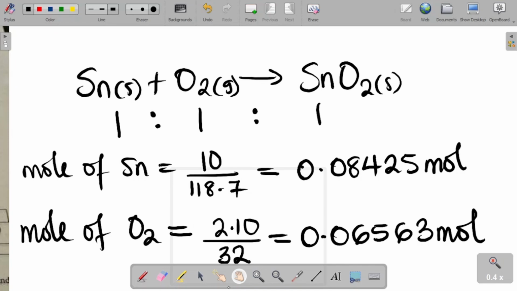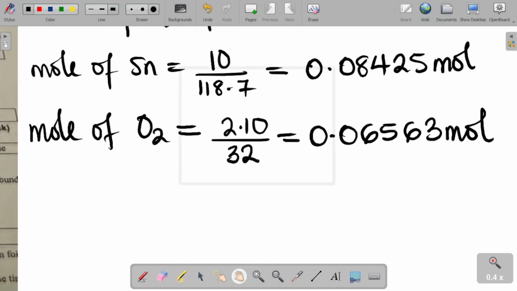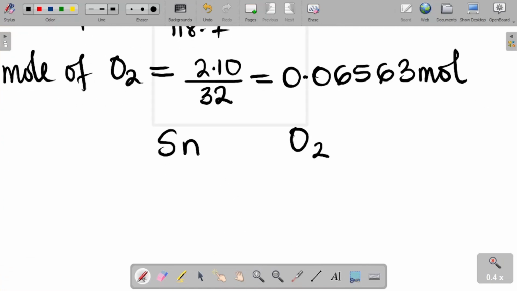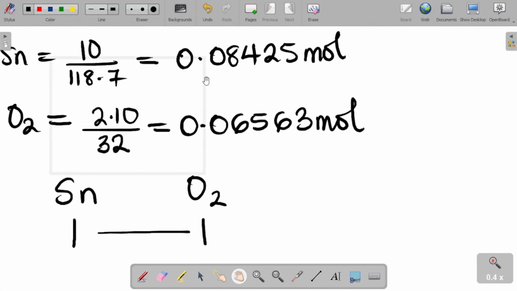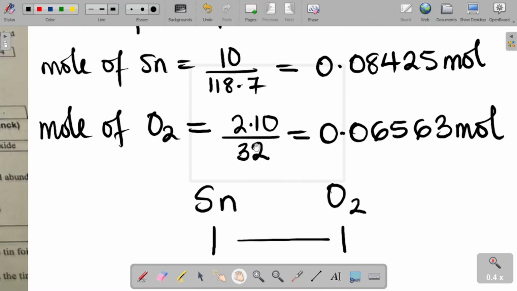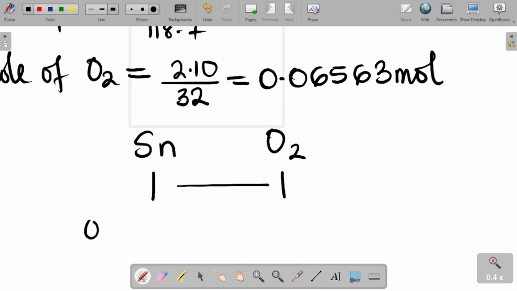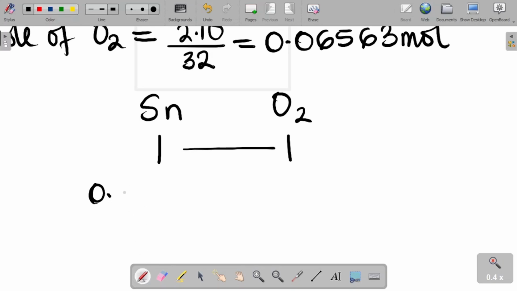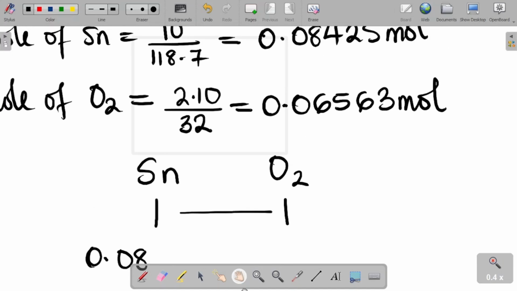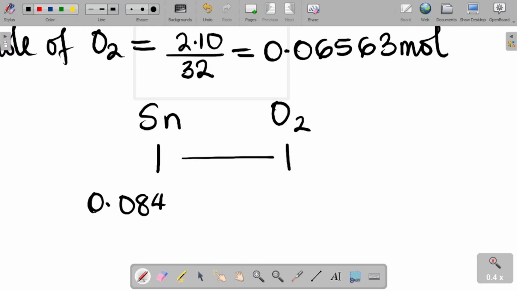For these two, we'll look for which of them is the limiting reagent and which is the excess reagent. And how do we get that? I'll compare tin, Sn, with oxygen, O2. From the balanced equation of the reaction, we can see that we need 1 mole of tin to react with 1 mole of oxygen to form tin oxide. Now, if I have 10 gram of tin, that would result in 0.08425 mole.